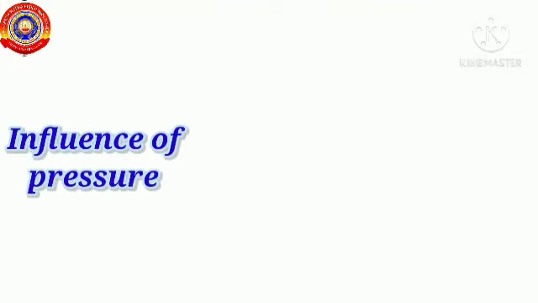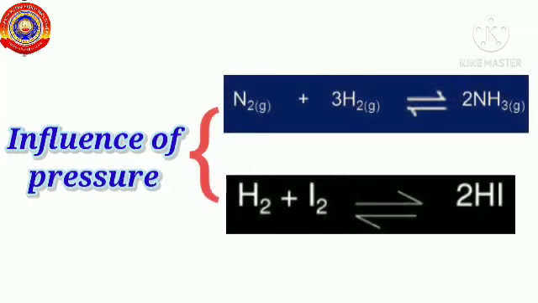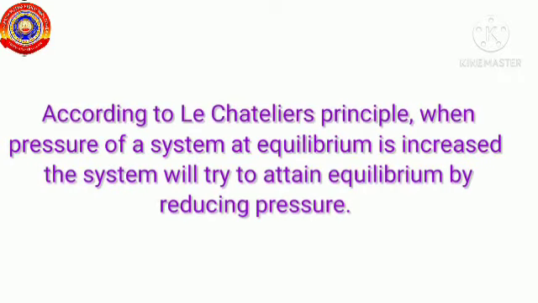Today we discussed the influence of pressure on the chemical equilibrium of ammonia and hydrogen iodide. According to Le Chatelier's principle, when the pressure of a system at equilibrium is increased, the system will try to attain equilibrium by reducing the pressure.